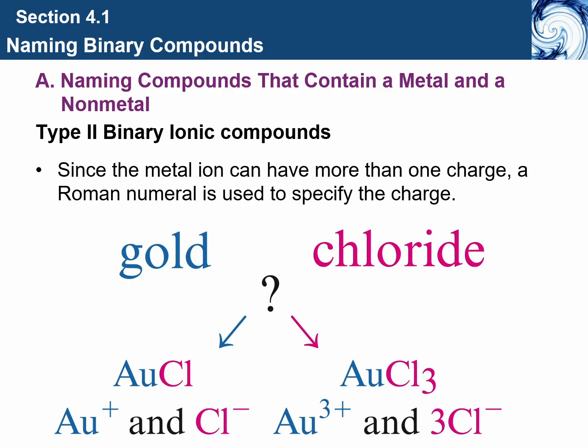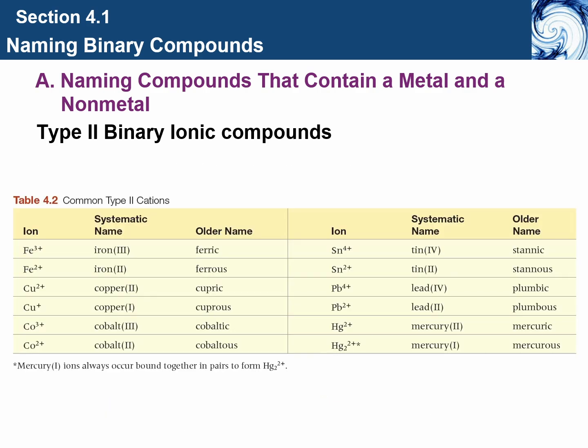We need to use a Roman numeral now to specify the charge of that gold when we are in the formula making process. All right, so you'll see on this table we have multiple forms of different cations that are possible. We used to, instead of doing the Roman numeral version, have to know how to spell the different forms, which, as you guys can probably guess, was not the easiest thing to do.